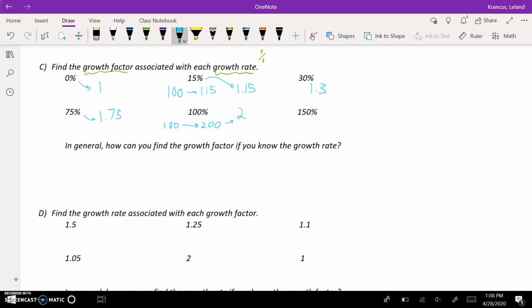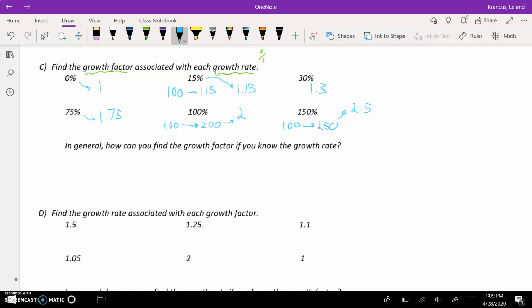So when you multiply something by 2, it goes up by 100%. For this one, something goes up by 150%. That means your $100 would go up by $150. You would now have $250. The multiplier that would achieve that would be 2.5.